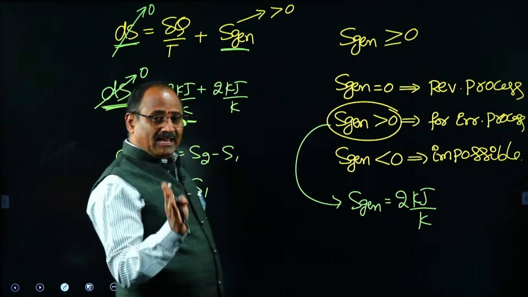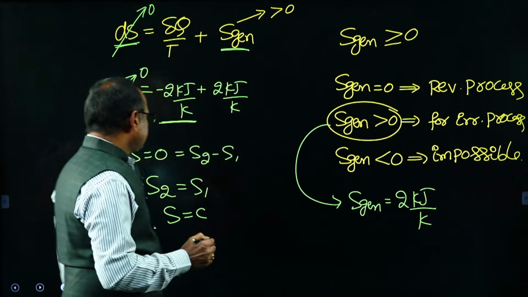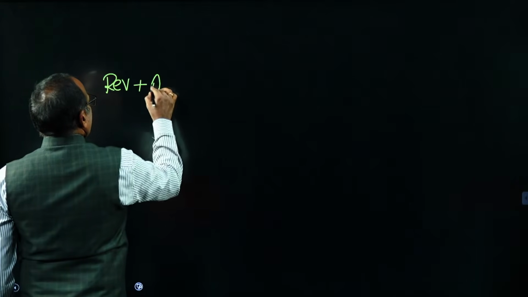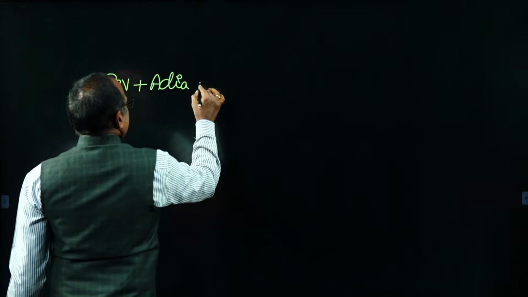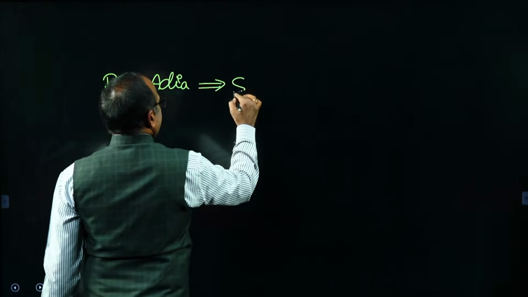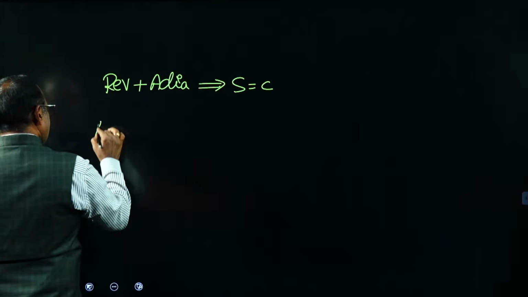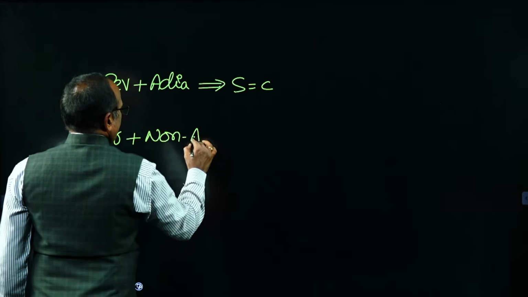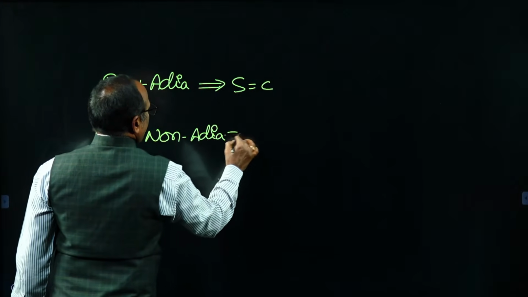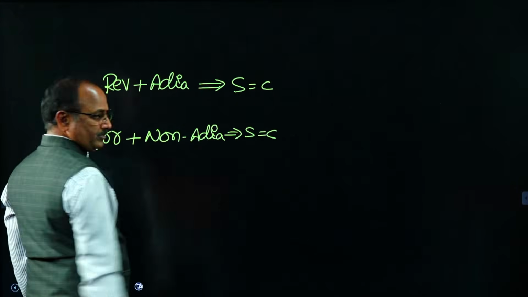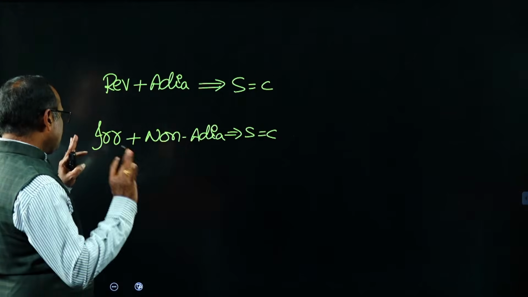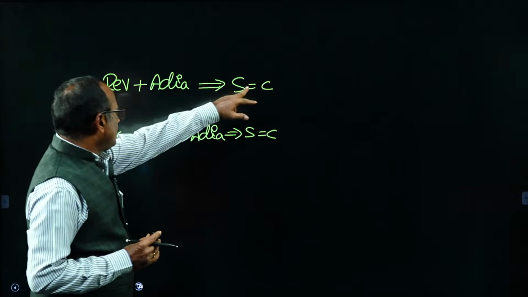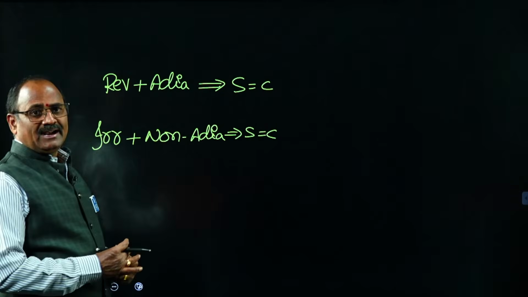So the reversible plus adiabatic condition may maintain constant entropy. Otherwise, the irreversible, non-adiabatic condition may also maintain constant entropy. That means if the isentropic process is irreversible, it must be non-adiabatic; if reversible, it must be adiabatic.